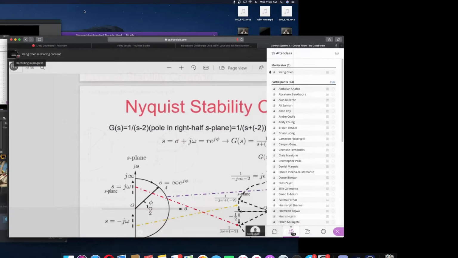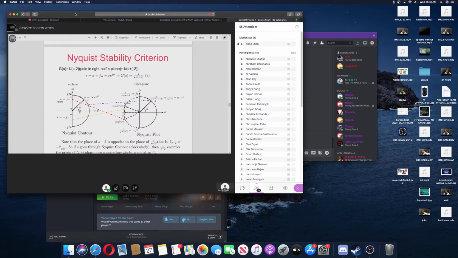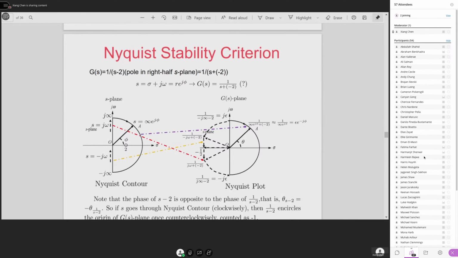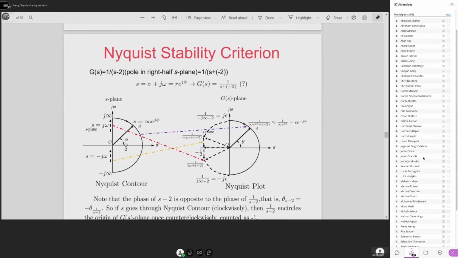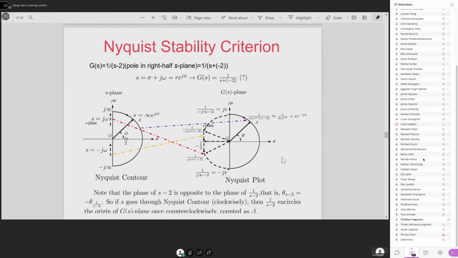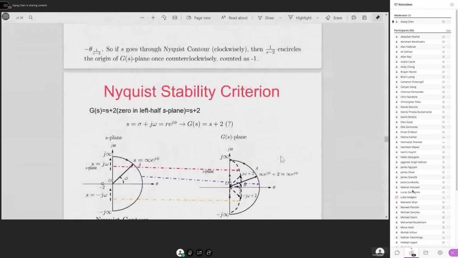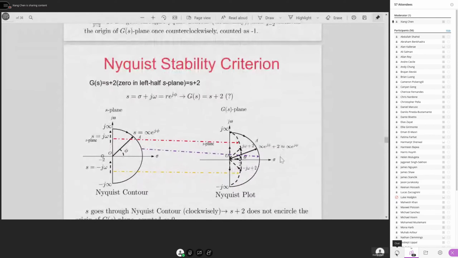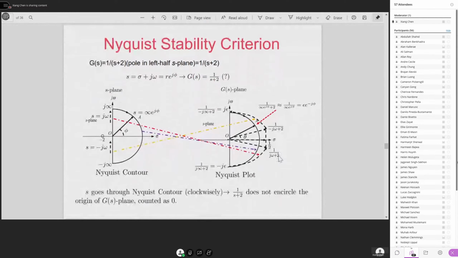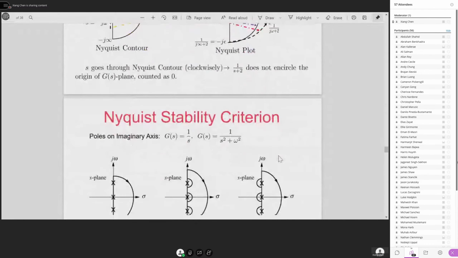If it is a zero, then the contribution is a positive 1, which represents the encirclement along the clockwise direction. Now for the right half plane pole case, the encirclement is along the counterclockwise direction. So the contribution of a right half plane pole is gonna be negative 1. Okay, so this is what we talked about in the last lecture.